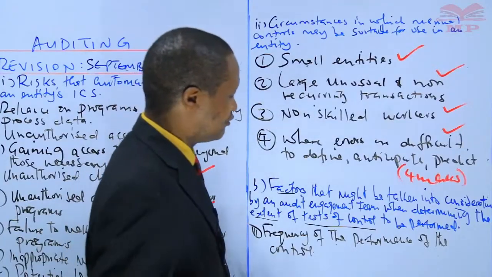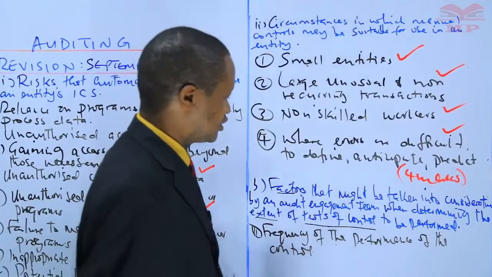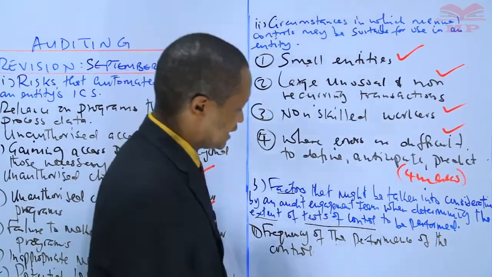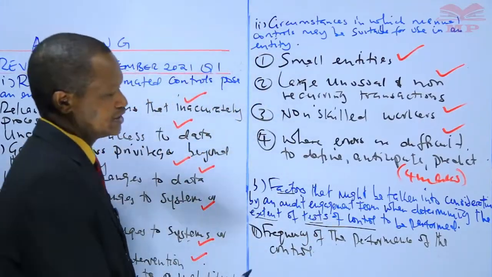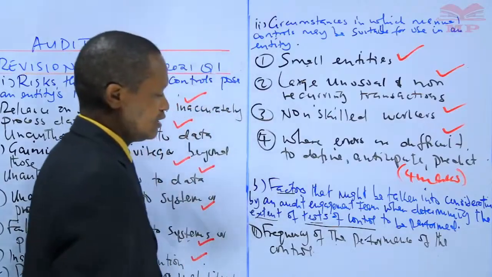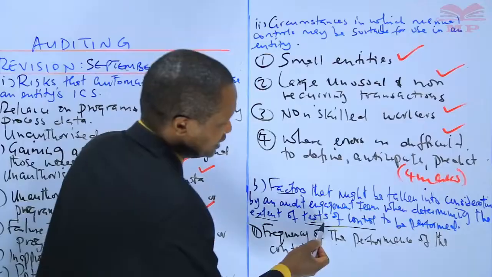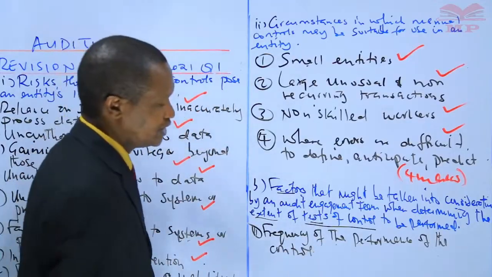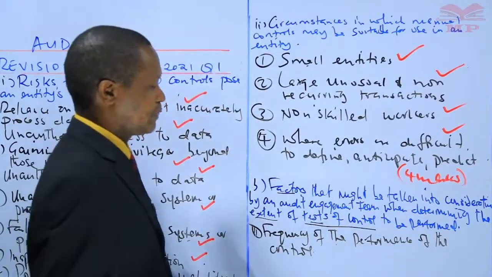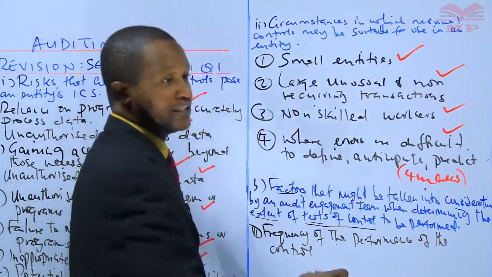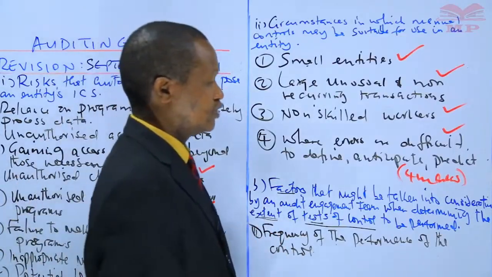How frequent will the test be carried out? How often will the auditor carry out these tests? Is it a test of examination or observation or recalculation? If it is done daily, then that will determine the extent of the test of control to be performed.